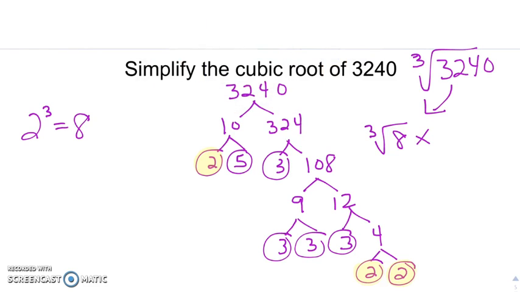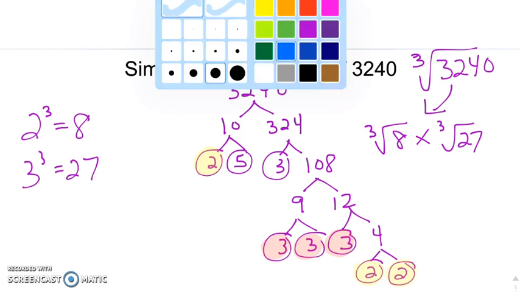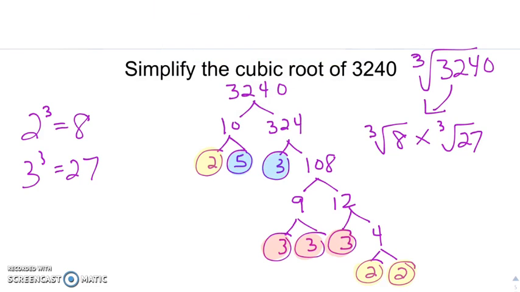I also have 3 3's. 3 cubed is 27, so times the cubed root of 27. And then notice I have a 5 and a 3 left, which equals 15. So multiplied by the cubic root of 15.